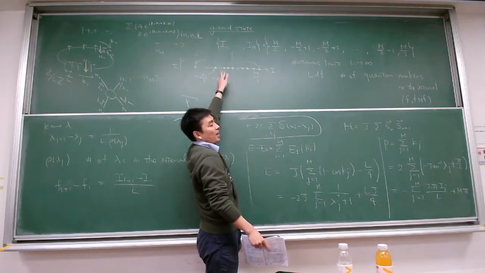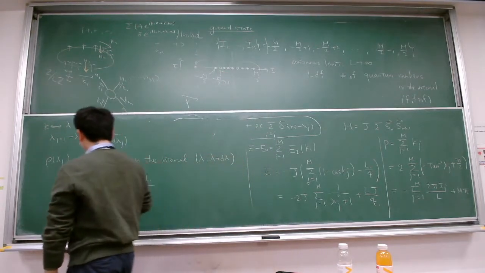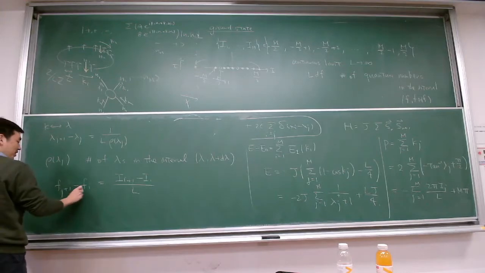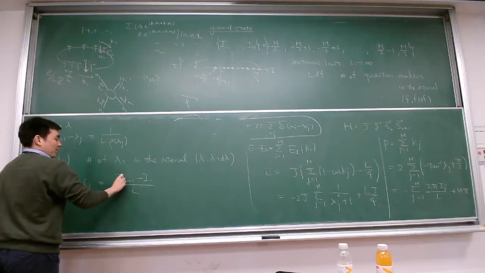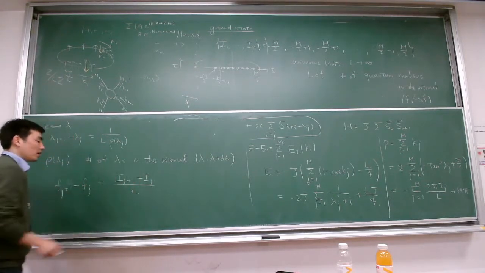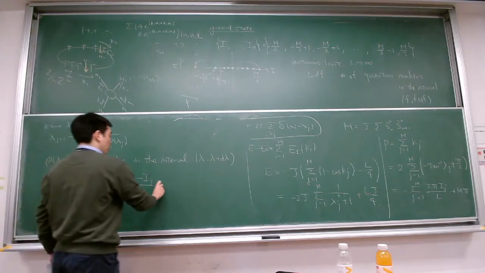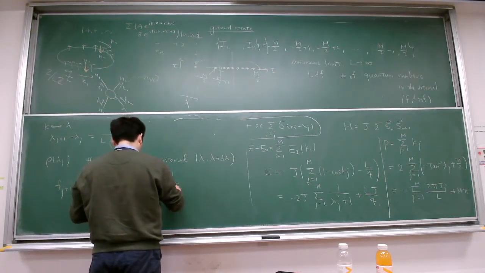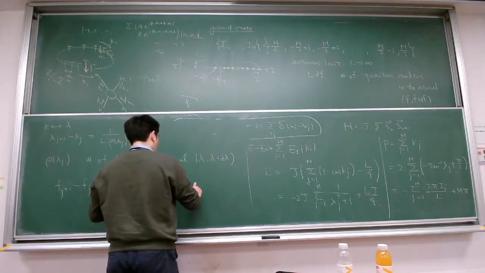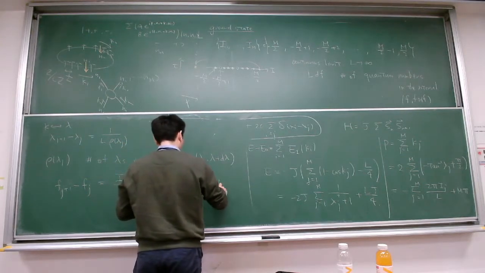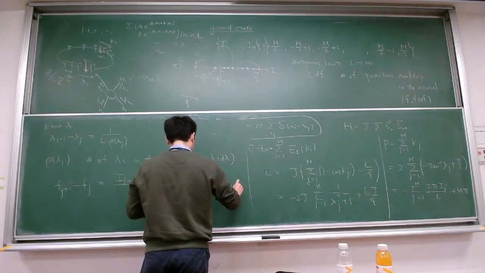Ij and Ij plus 1 differ by 1 in the ground state. So therefore you have 1 over L, which is equal to rho of lambda j times lambda j plus 1 minus lambda j.